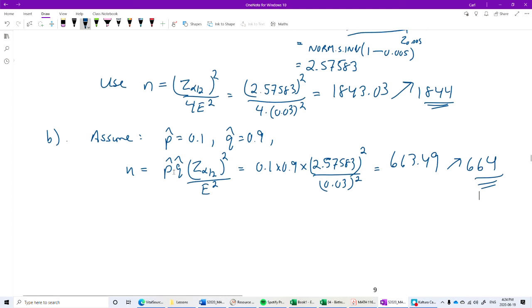So that's quite a big difference, right? Using the second estimate would be way less time and energy, asking less than about a third of the number.